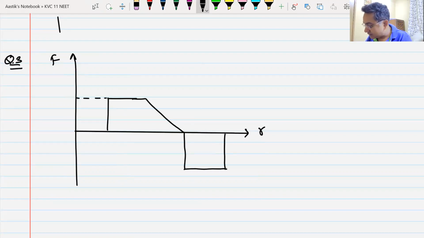Let me say that this is 2 newtons, this is 0, this is 1 meter, this is 4 meter, this is 6 meter, and let us say this is 2 newton on the negative. No, let me make it different. 2 will look same. Let me call this 4 newton.